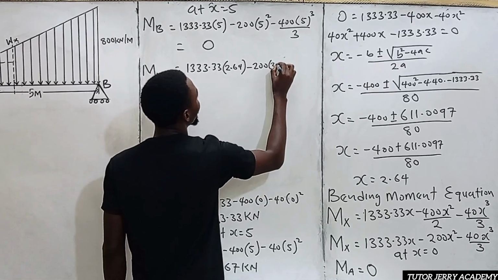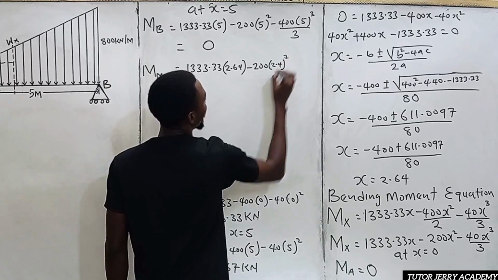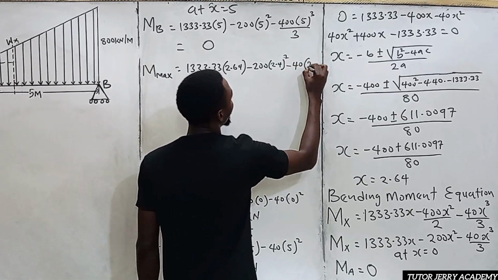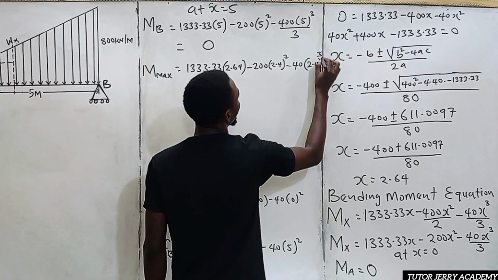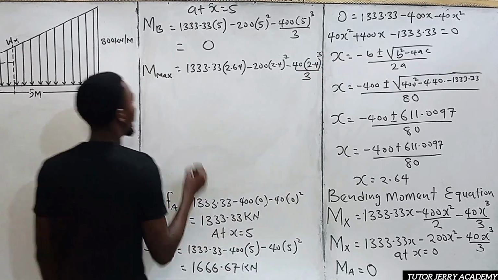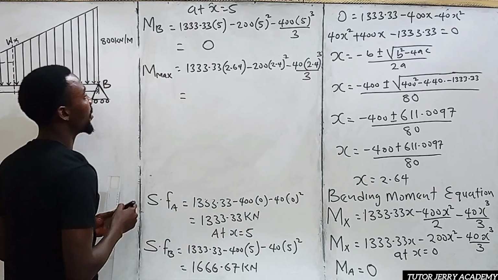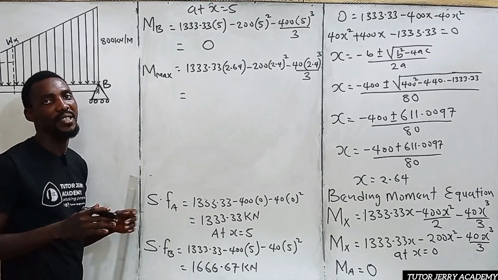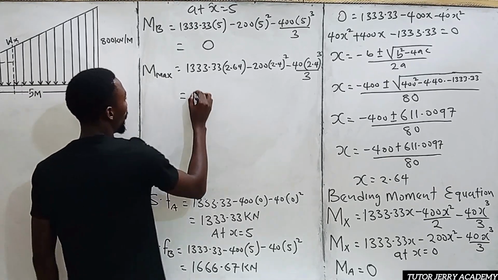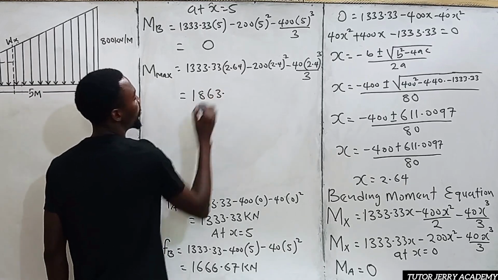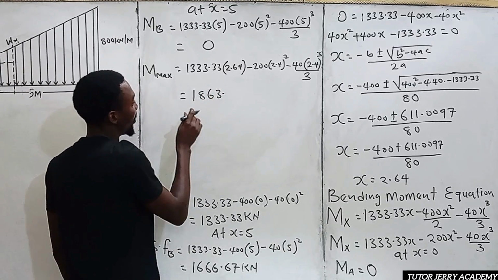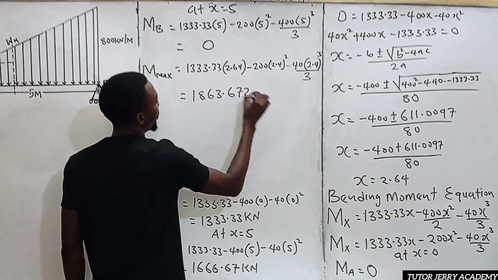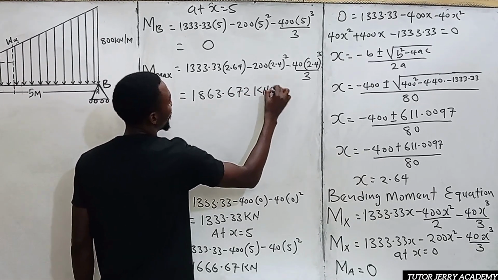Sorry, don't know why I'm writing small. 2.4 squared minus 4t into 2.4 cubed, all over 3. All right. So if you press this in your calculator, you're going to have 1863.672. This will be in kilonewton meter.